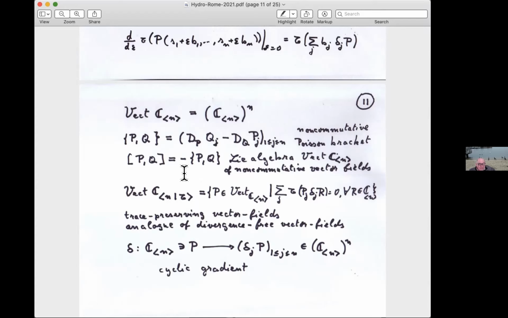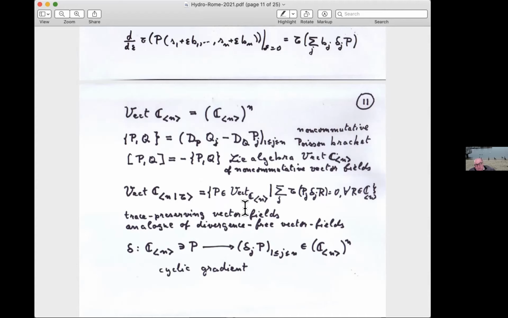And we'll come now to define the vector fields which preserve a certain measure. The measure translates here into a trace. So I'm having a trace state on the non-commutative polynomials, which are the functions. And there are the vector fields which preserve the trace tau infinitesimally.